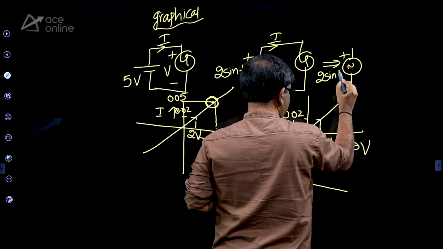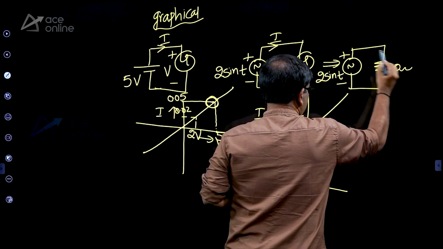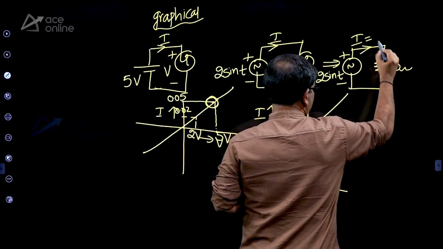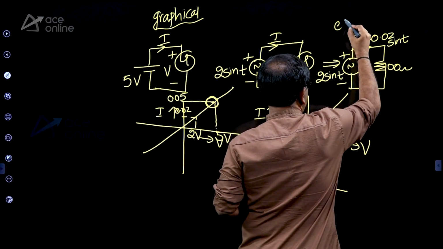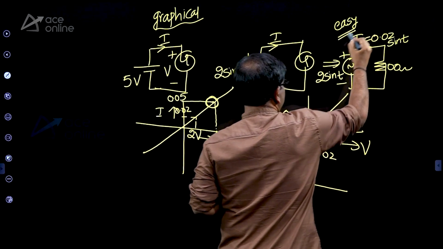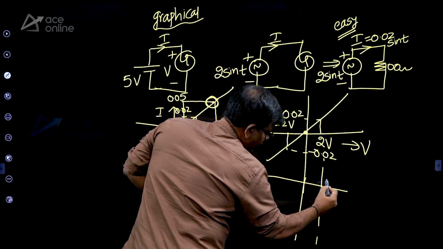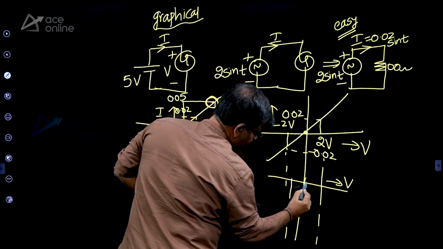The model says that the bulb is replaced by 100 ohms. So the current is going to be 2 by 100, 0.02 sin t. So this is easy, right? This graphical approach you can avoid. So you can apply the voltage here, which is 2 sin t.